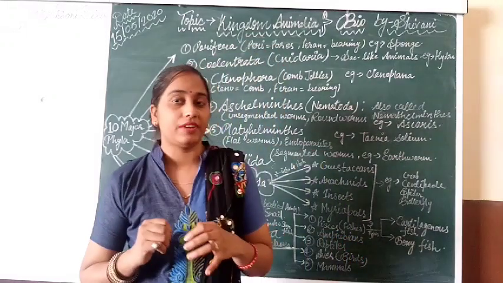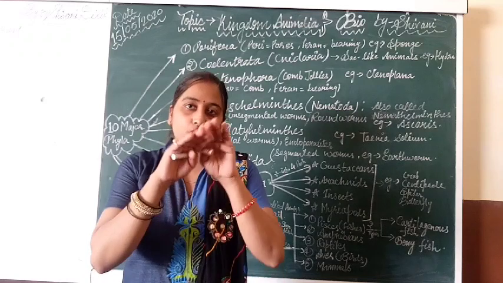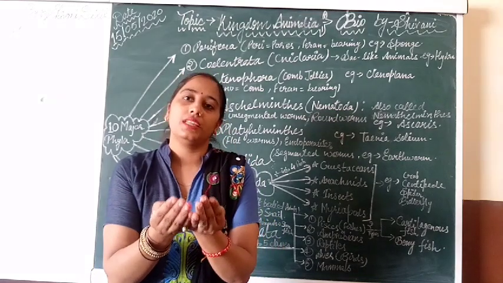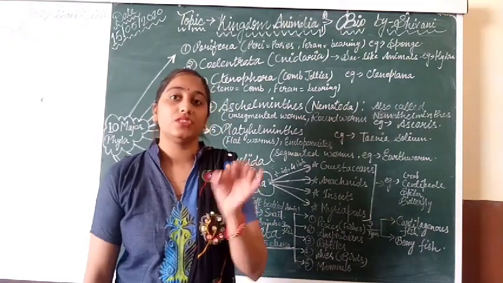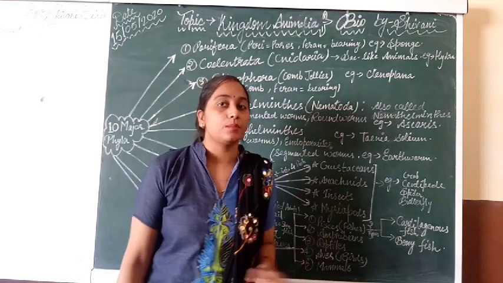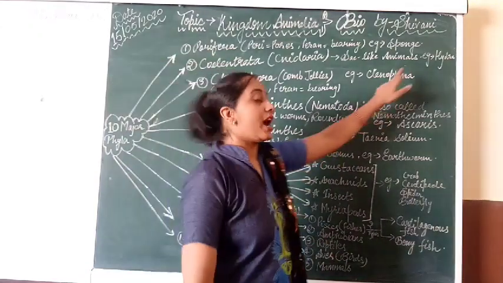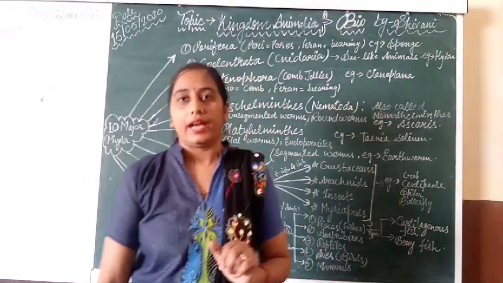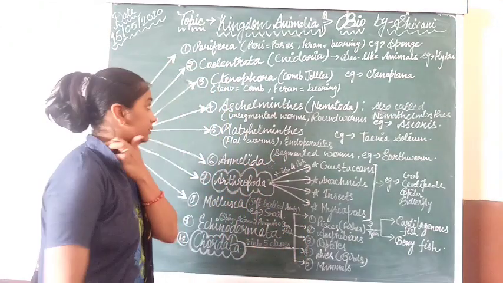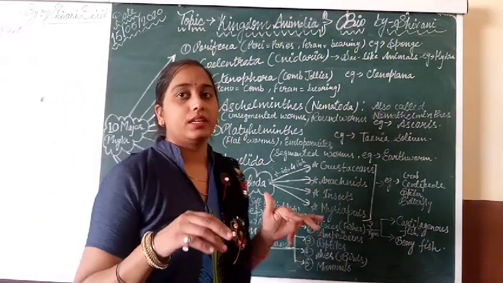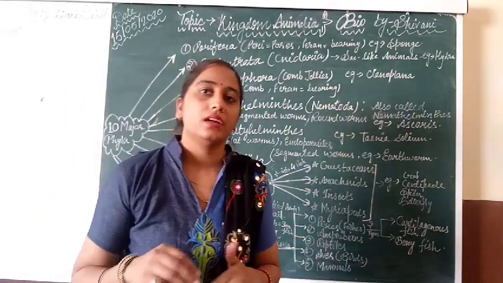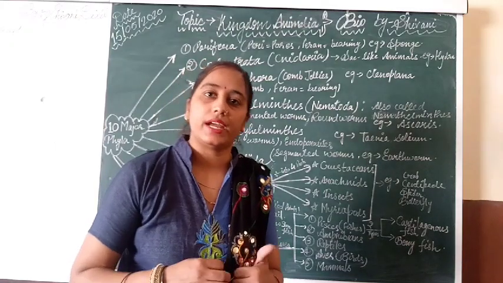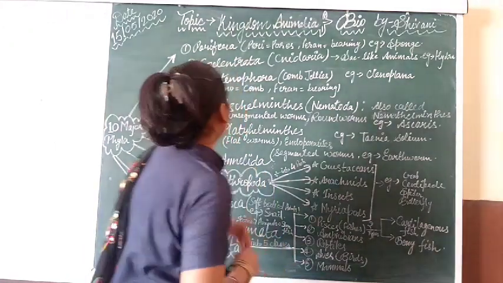The type of animals which contain a structure like a bag are known as Coelenterata. The best example of Cnidaria is Hydra. Hydra has tentacles, and sometimes they live in marine life as well as in fresh water.